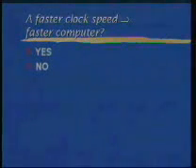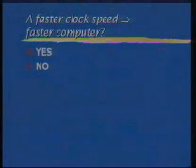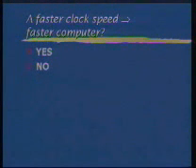But is that so? That is the next question I have put for you. Does a faster clock speed imply a faster computer? I have given two answers. Unfortunately or fortunately, both of them are correct. The answer yes applies in those cases when we are talking about a similar kind of processor technology.